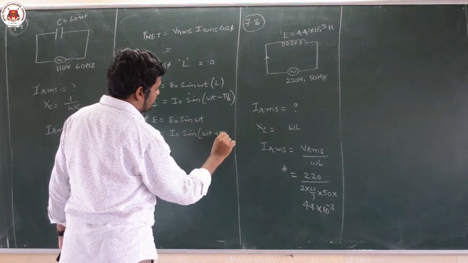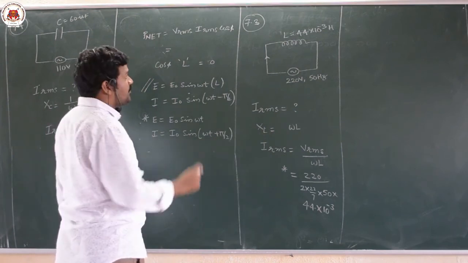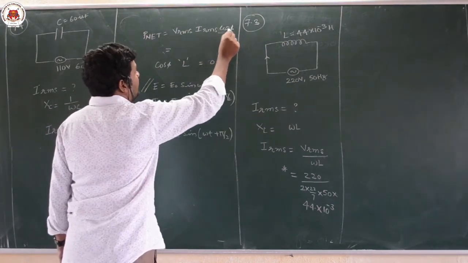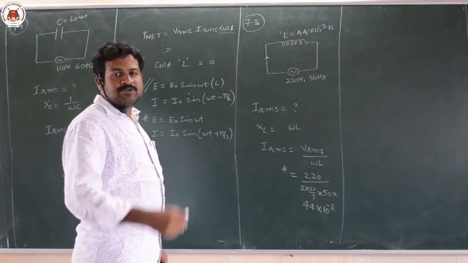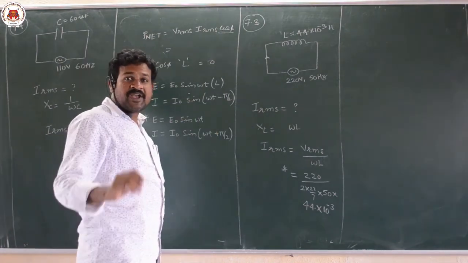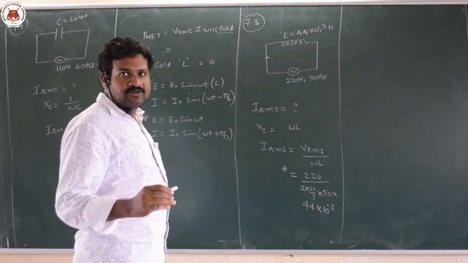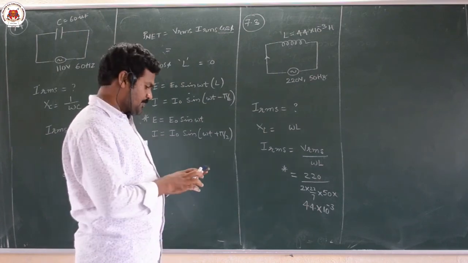Here also phi is 90. So for inductor and capacitor power factor will be 0. Therefore power dissipated in full cycle is 0. This kind of current we call wattless current, which does not absorb or dissipate power.